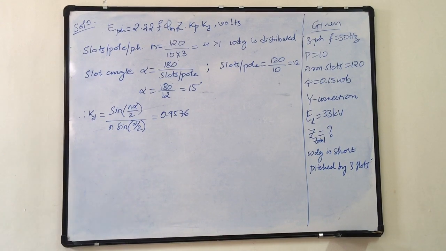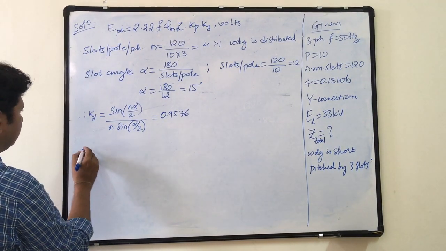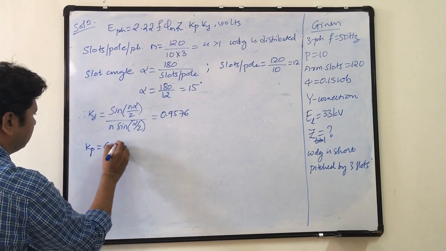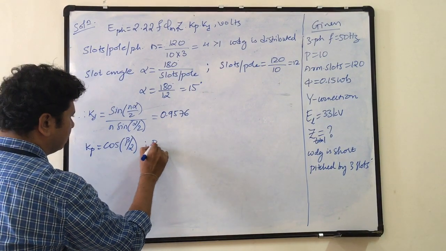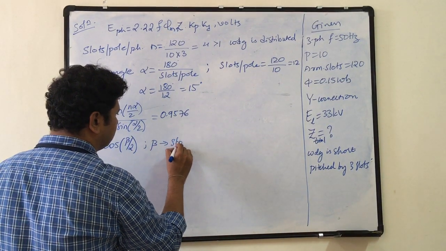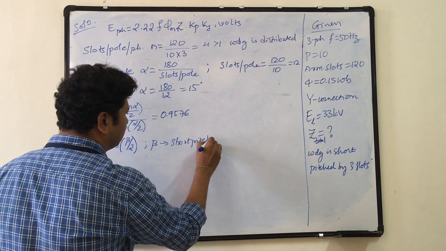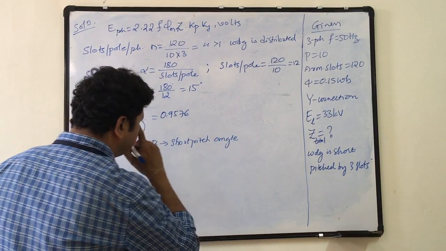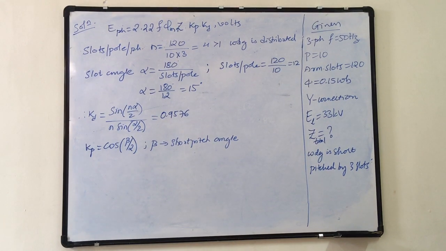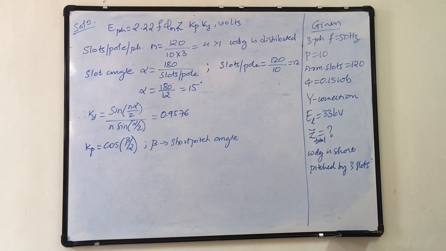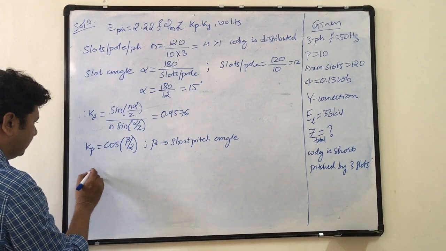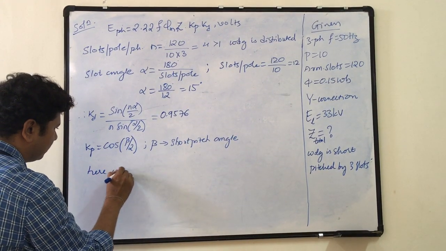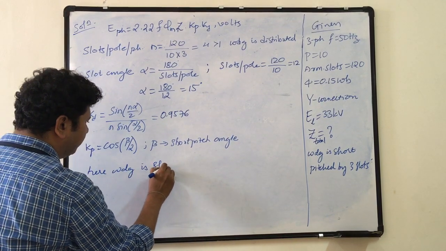Next is Kp. Kp is cos of beta by 2. Now what is beta? The short pitch angle. It is directly mentioned that the winding is short pitched by 3 slots. Each slot is 15 degrees, so 3 slots contribute 15 plus 15 plus 15 degrees.